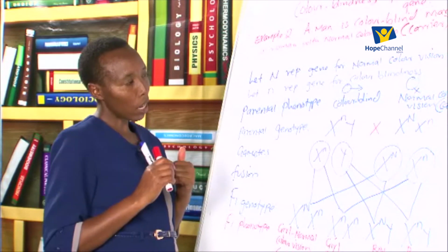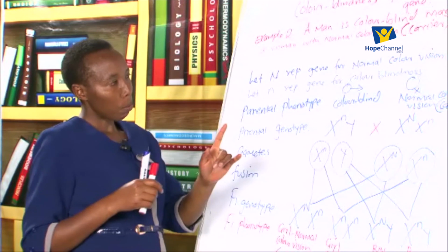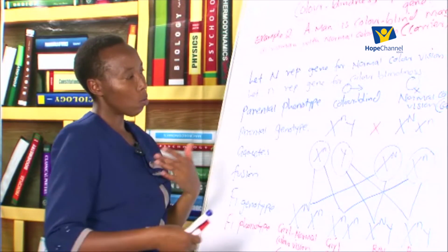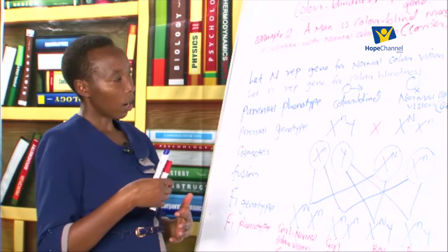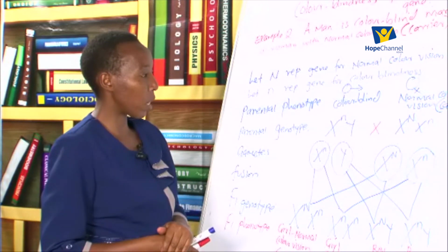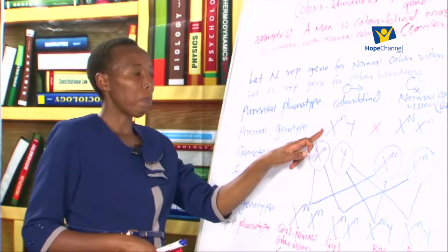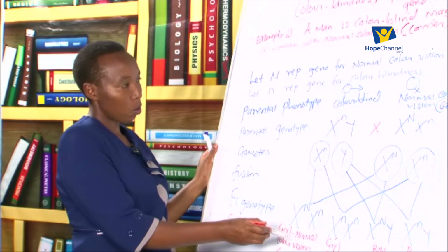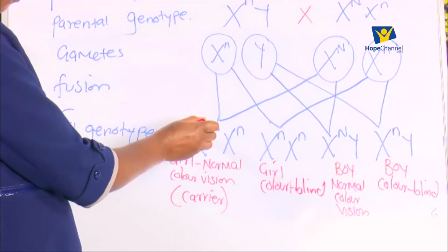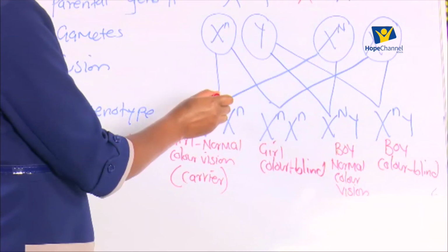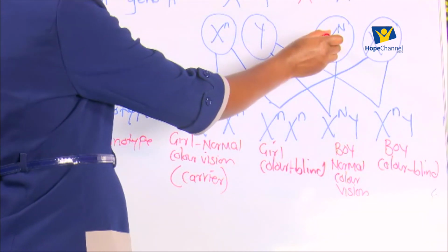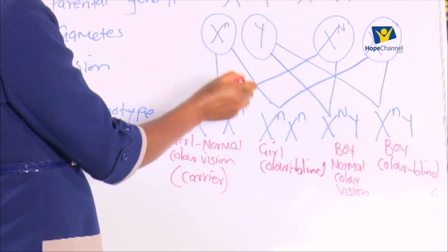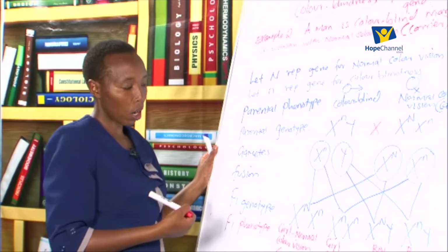But I want to believe that this woman, because she believes she has normal color vision, may tend to say that all colorblind children in that family are because of the man. But let's see. This girl got the gene for normal color vision from the mother. She got the recessive gene from the father, but she still has normal color vision.